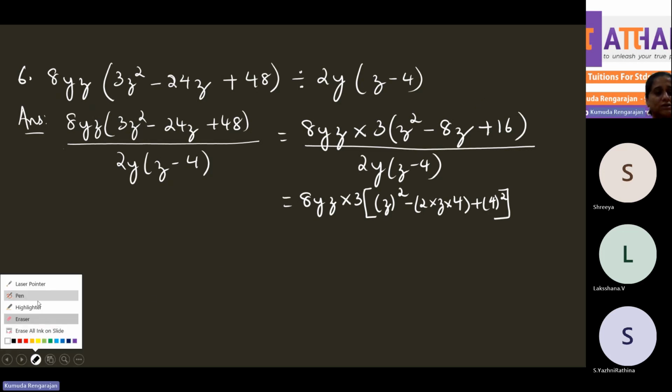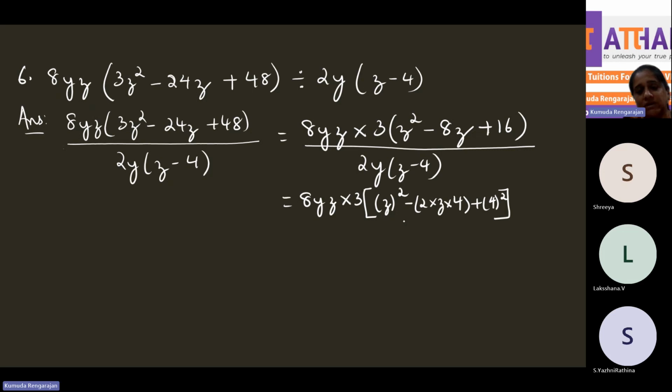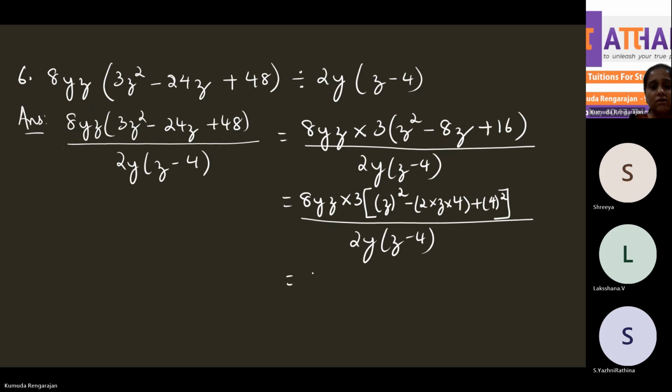So the expression after taking out 3 common is of the form a square minus 2ab plus b square, divided by 2y into z minus 4. Now you can, okay, I forgot to cancel here. I just didn't notice that, I'm sorry. You can cancel y and y here, children.